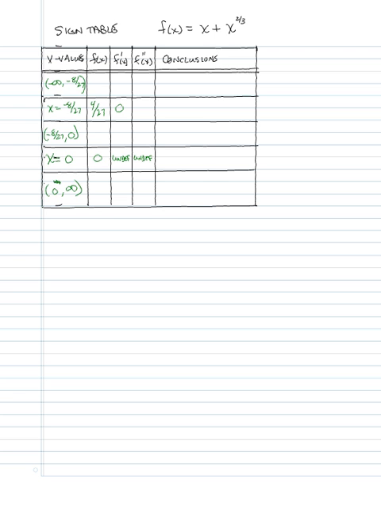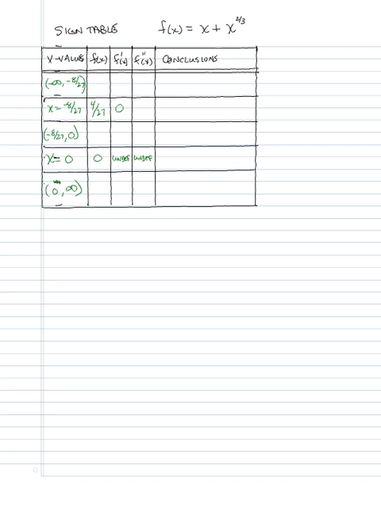Now, what we need to do next is fill in the first derivative and second derivative columns with pluses and minuses, don't we? I'm not going to go through every step, but I'm convinced that you could choose an x value in this first interval from negative infinity to negative 8 over 27.